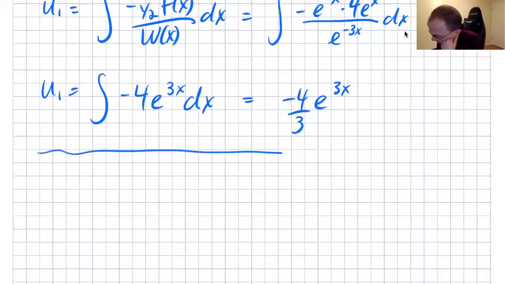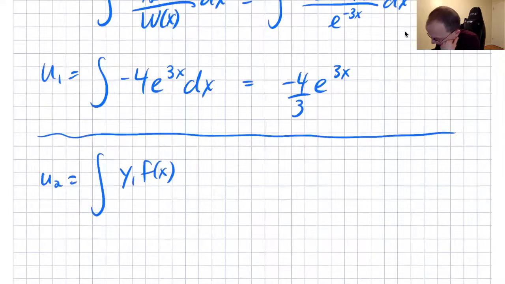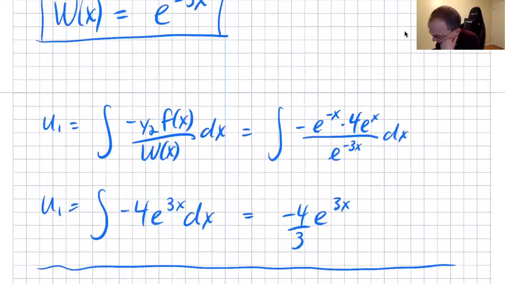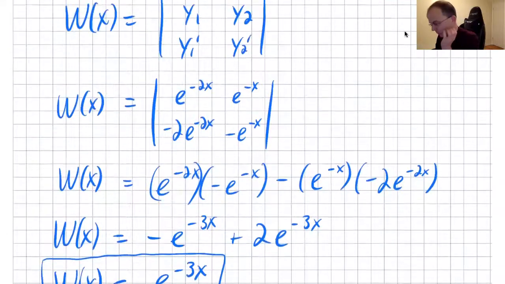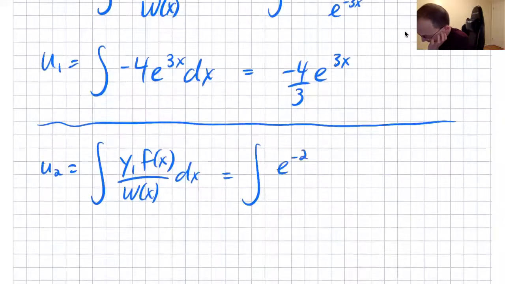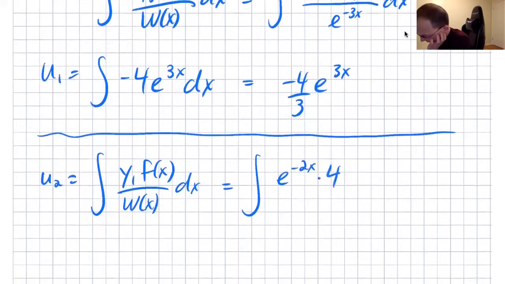Okay, let's do u2. u2 is the integral of y1 f of x divided by the Wronskian. y1 is e to the negative 2x, times f of x, 4 e to the x, divided by e to the negative 3x dx.